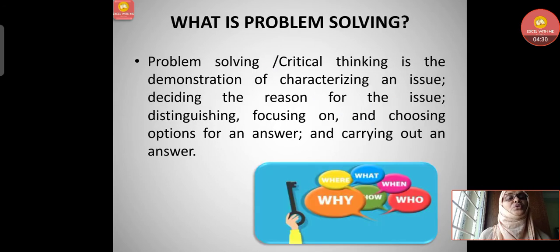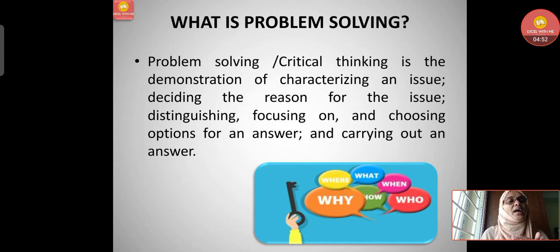What is problem solving? Let's understand. Problem solving or critical thinking is the demonstration of characterizing an issue, deciding the reason for the issue, distinguishing, focusing on, and choosing options for an answer, and carrying out an answer.